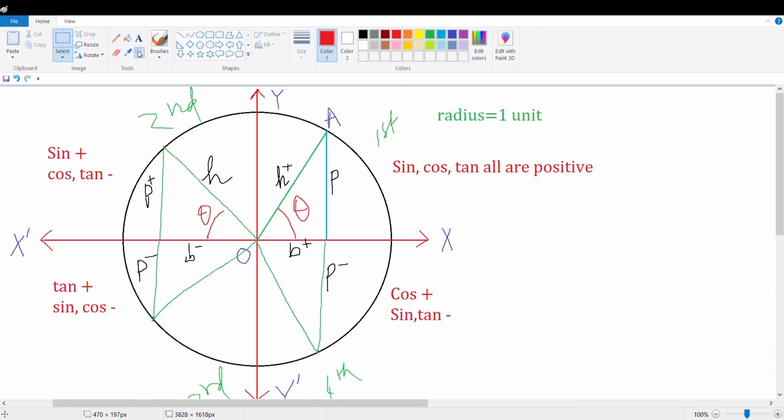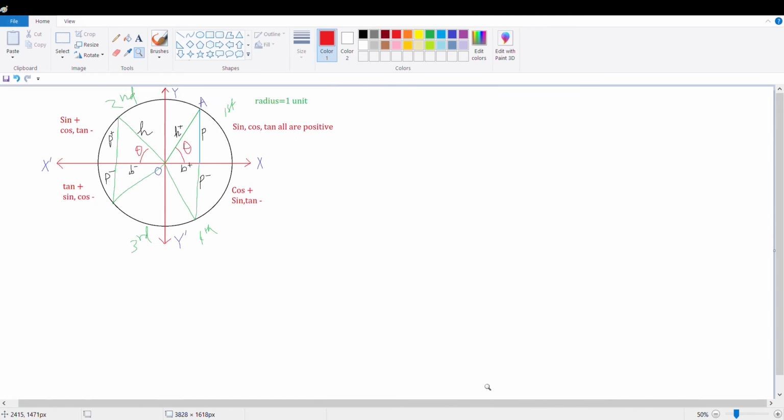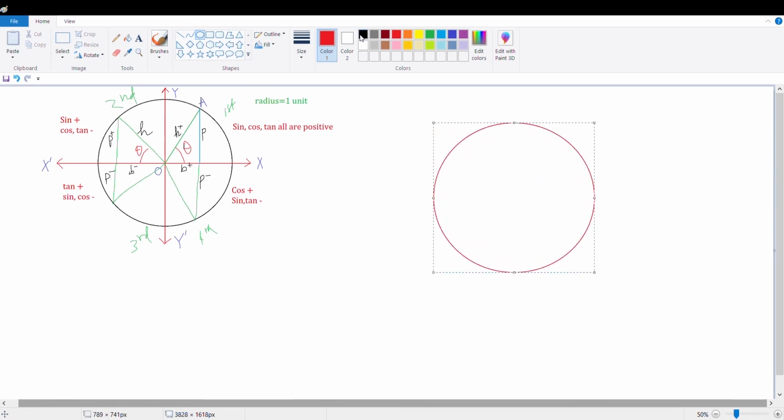Now from here we have to go to a very important part, that is, I'm drawing this diagram again. Anyone have doubt regarding this, why it is positive, why it is negative? Then let me know first. You may have doubt, but after practicing you will understand.